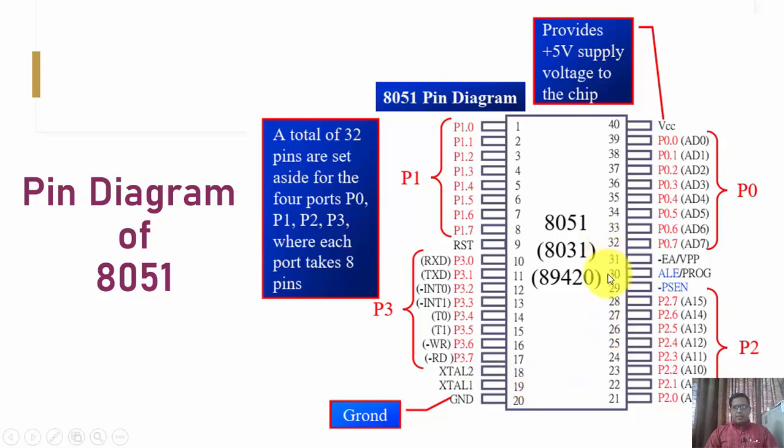Of the remaining pins, pin number 29 is used as PSEN bar, pin number 30 is used as ALE, and pin number 31 is used as EA bar / VPP. So in this lecture we are going to discuss pin numbers 40 and 20, pin numbers 18 and 19, pin number 9, and pin numbers 29, 30 and 31. The port pins we are going to discuss in the next lecture.